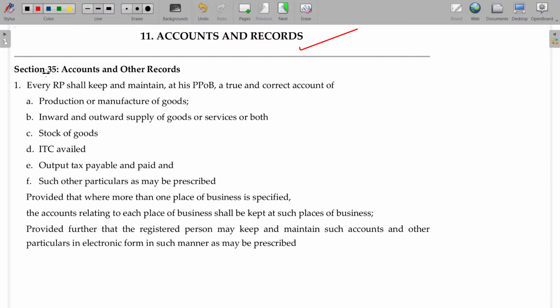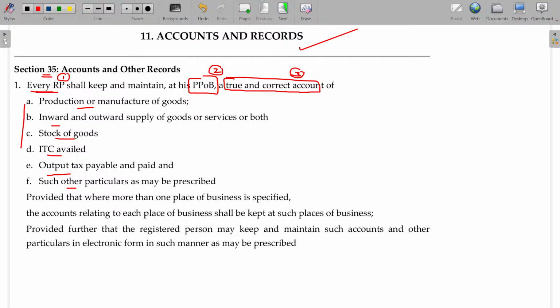Where to maintain. Under section 35, every registered person shall keep and maintain at his principal place of business. Who has to maintain? A registered person. Where to maintain? Principal place of business. What records? True and correct accounts regarding production, manufacture, inward and outward supply and stock of goods, ITC availed, output taxes, such other particulars as may be prescribed.